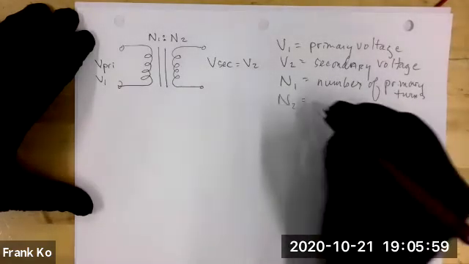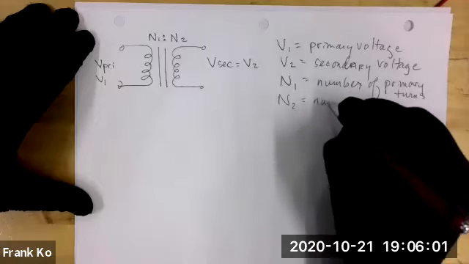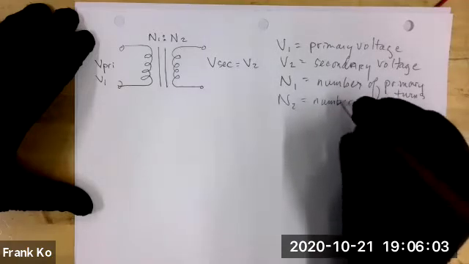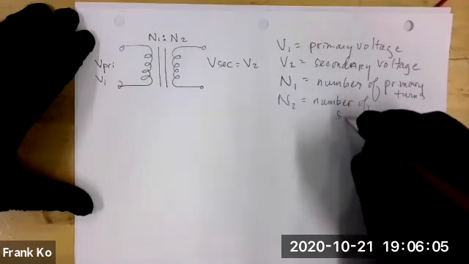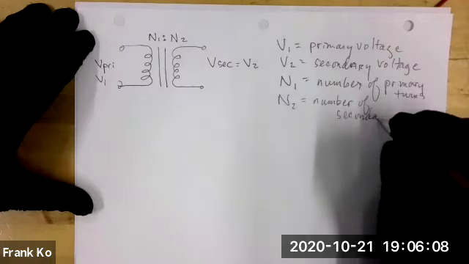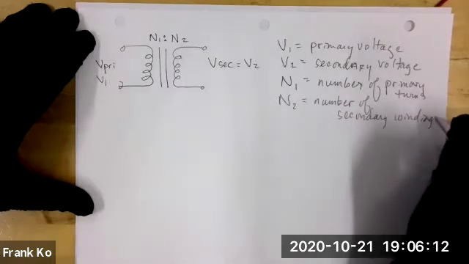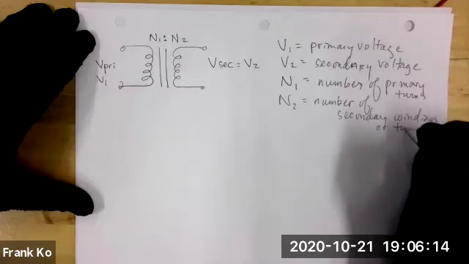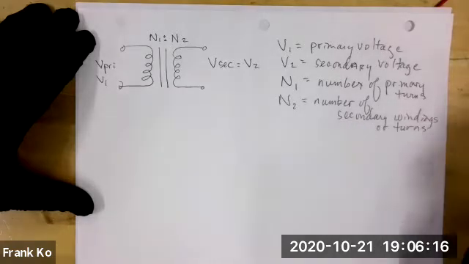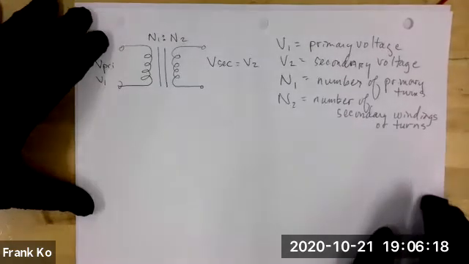And N2 equals your number of secondary windings or turns. Depends on which textbook you're subscribing to.